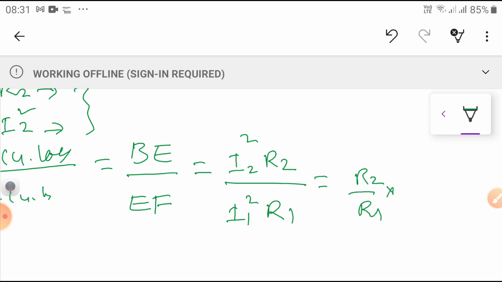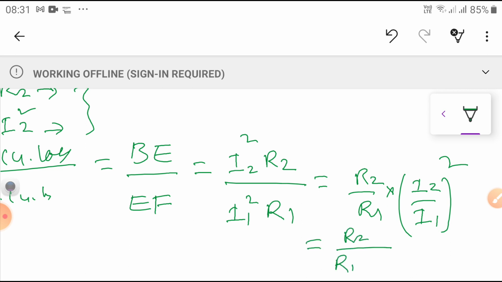Into I2 by I1, which is equal to the transformation ratio. So here I am going to get R2 by R1 into K square. You know R1, and R1 you already calculated from the VI method.